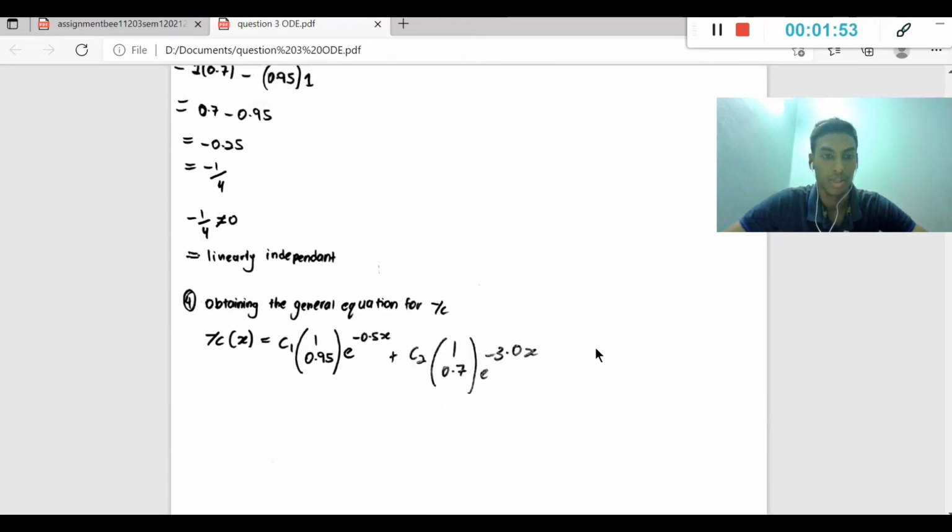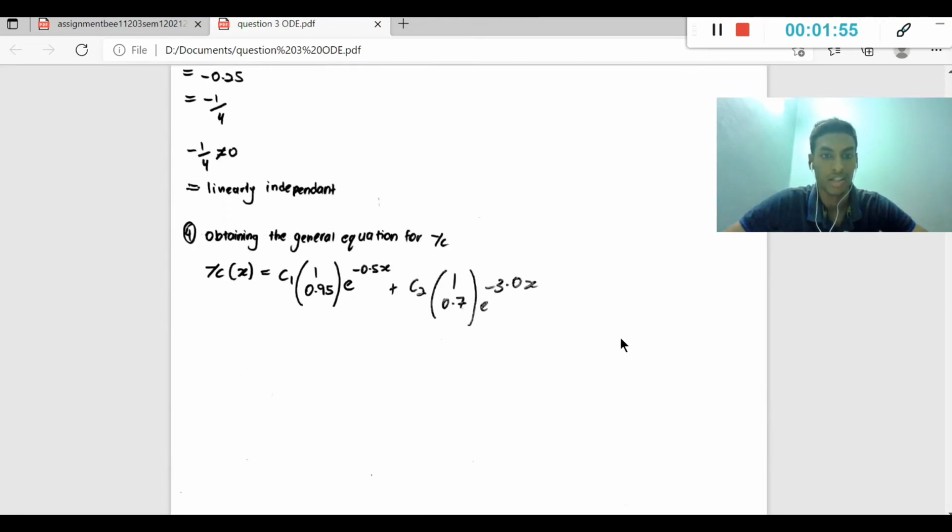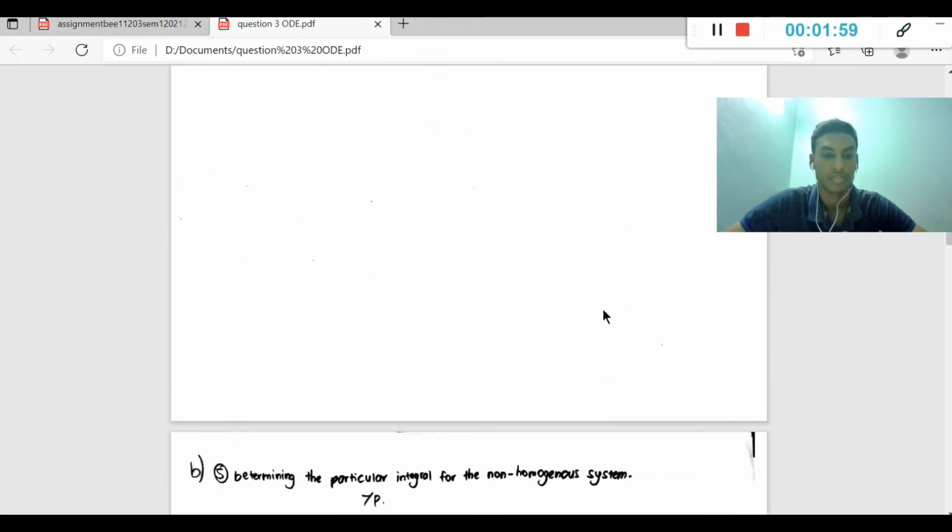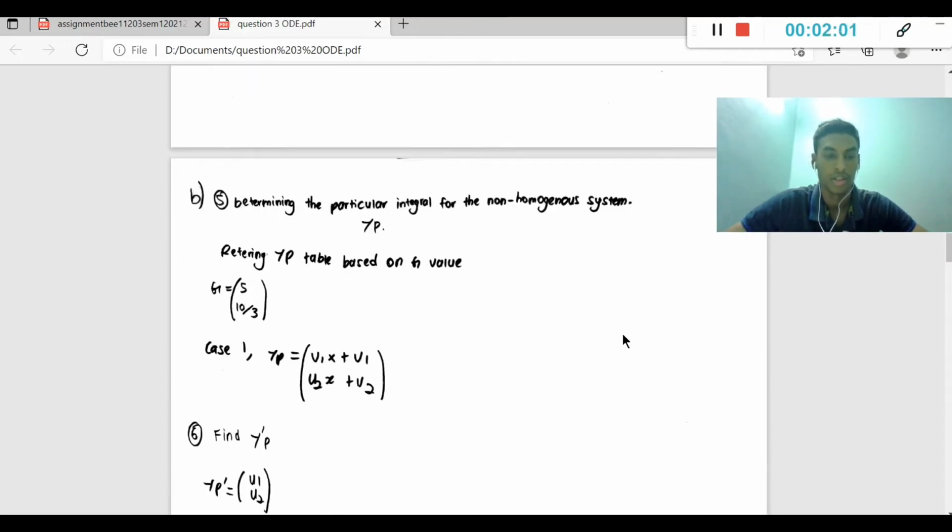Then the next step will be obtaining the general equation for YC, and then for step 5, which is part B of the question, we have to determine the particular integral for the non-homogeneous system.